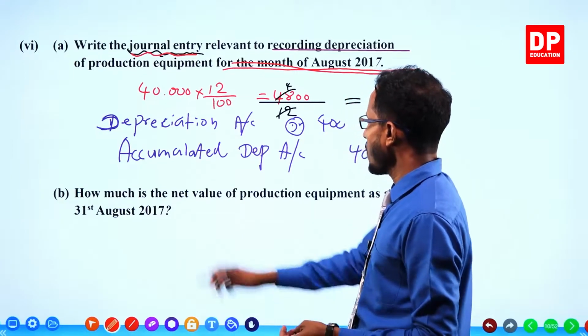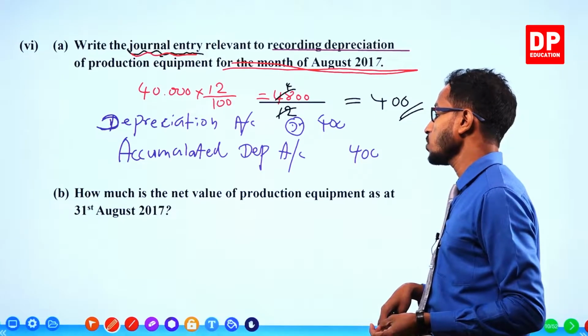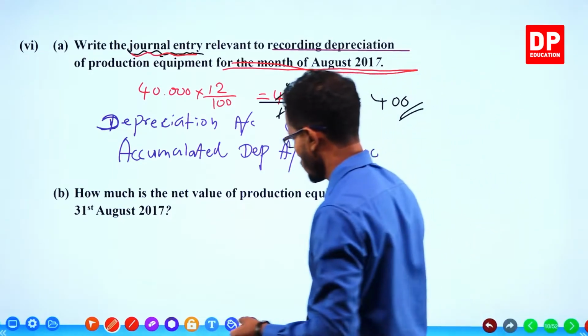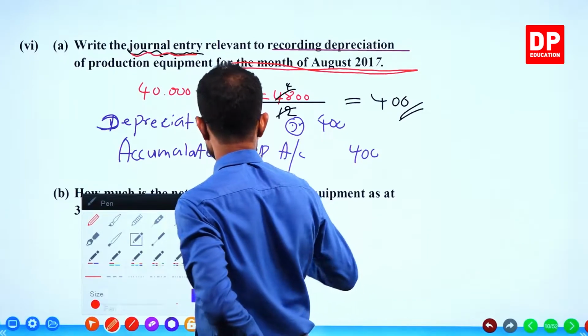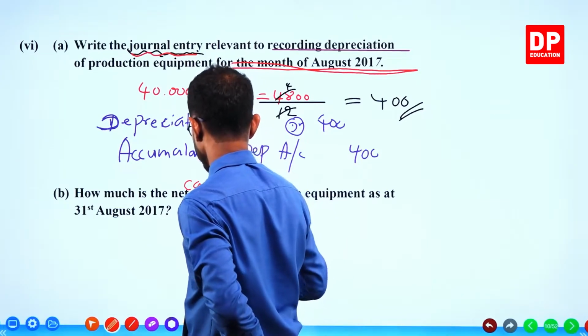Next, how much is the net value of production equipment asset? Oh, net value, carrying value. They're asking for the carrying value.